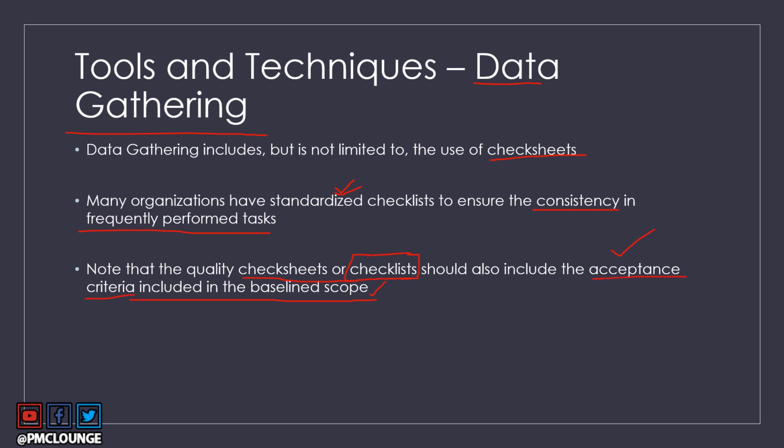You cannot have your own processes, procedures and tactics to manage quality and not take care of the acceptance criteria of your project. So you need to make sure that you do cover that. And this is very, very important, specifically for organizations that have standardized checklists, because acceptance criteria might be different for every single project. If your organization uses a standardized checklist to manage quality, you need to make sure that the acceptance criteria for your project is included there.